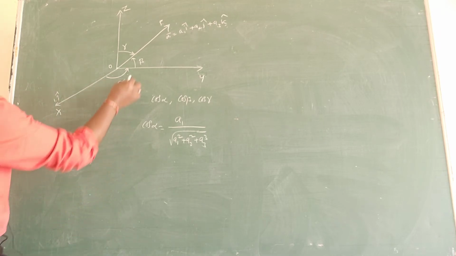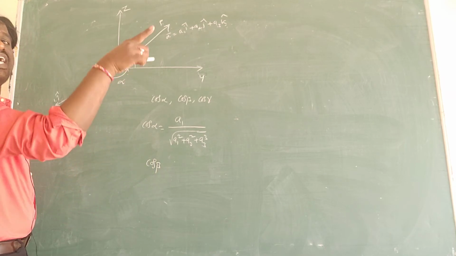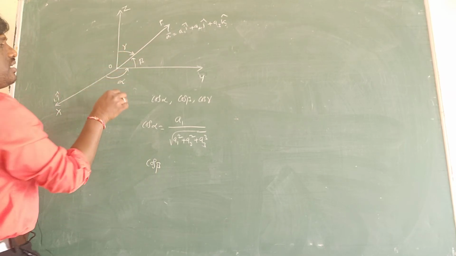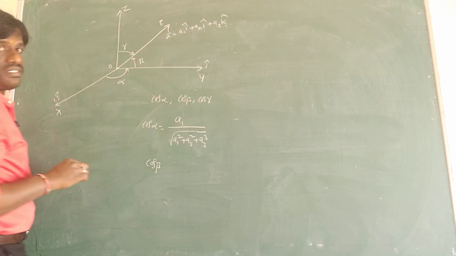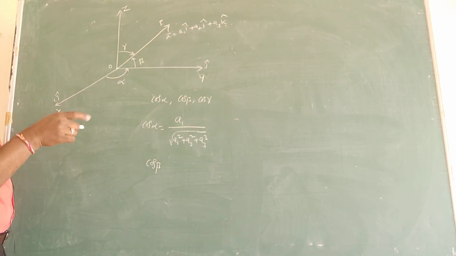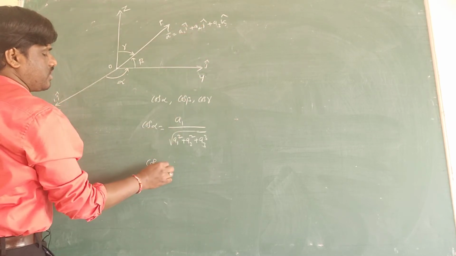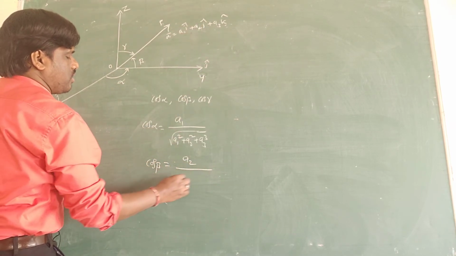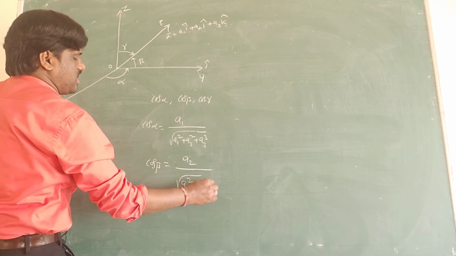Now the angle made by a line with the y-axis, along the y-axis is the j component. If you do the dot product, you get a2 by under root of a1 square plus a2 square plus a3 square.